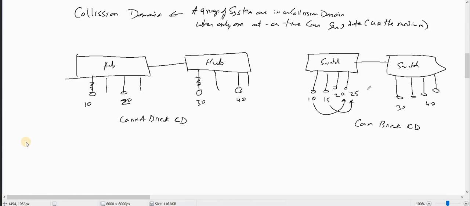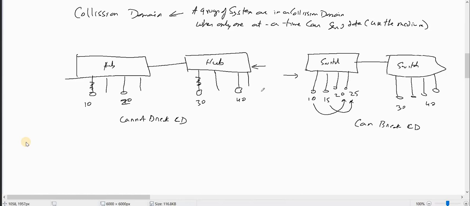If you go with that argument, the switch will learn the MAC addresses. You also know that the first time, the switch also does not know where the systems are, right? So the first time when 10 is communicating to 20, and the first time when 15 is communicating to 25, whether it is connected to a switch or a hub, it will be sent to everybody, right? Because the switch also, the first time, does not know where the systems are. The first time, it has to flood.